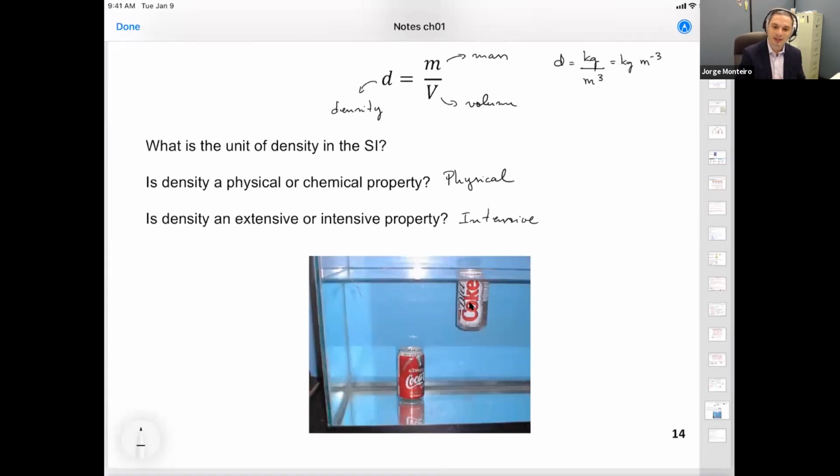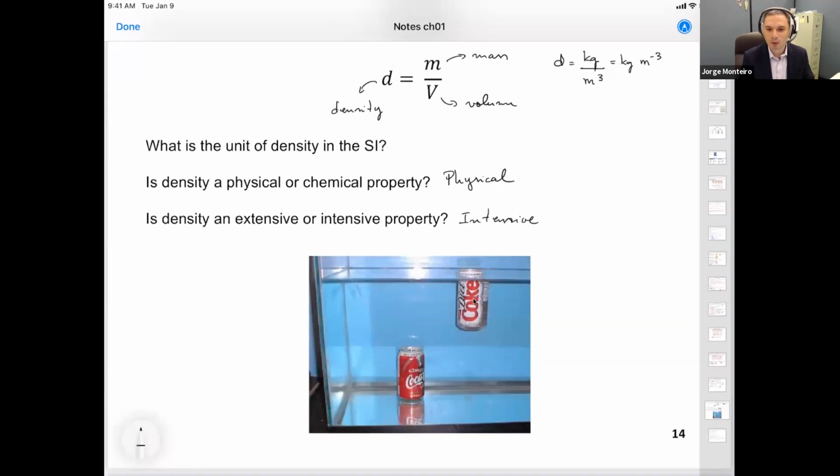And the biggest difference between regular and Diet Coke is sugar. Here you have a lot of sugar, and here you have just a little bit. So the mass of the regular Coke for the same volume is higher, which means higher density. That's why the regular Coke sinks to the bottom and the Diet Coke goes up to the surface.